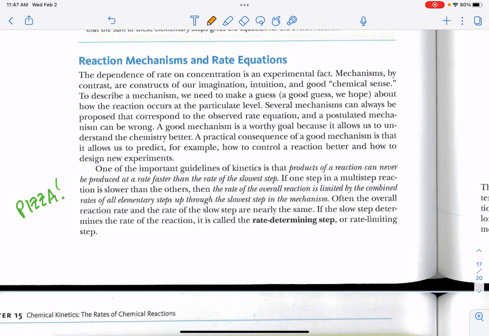And then we need somebody else to put tomato sauce on the shell. And then we need somebody else to put cheese onto the sauce. Mozzarella, of course. And then we've got to put pepperoni on top of the pizza. And then, of course, after we bake it, we get to eat it.